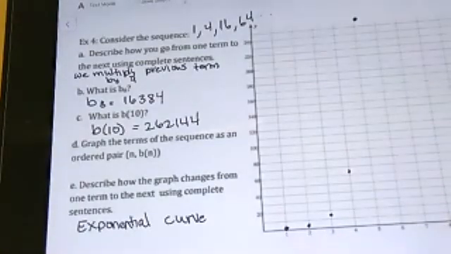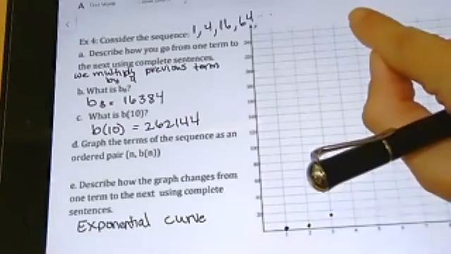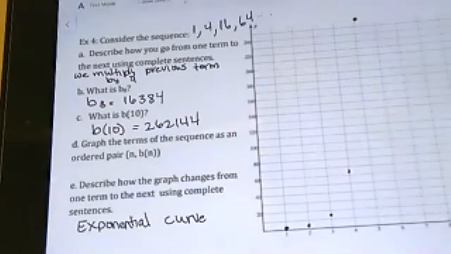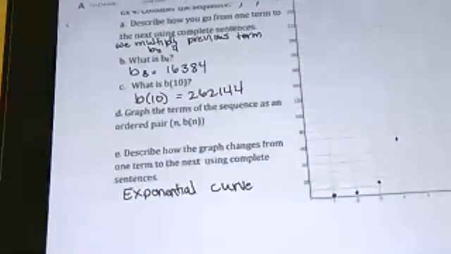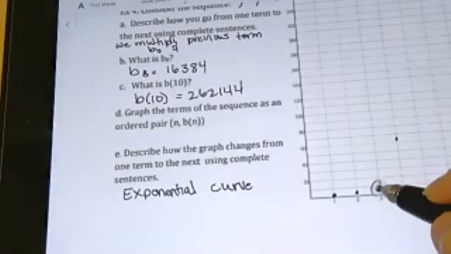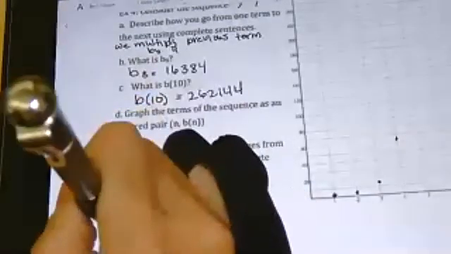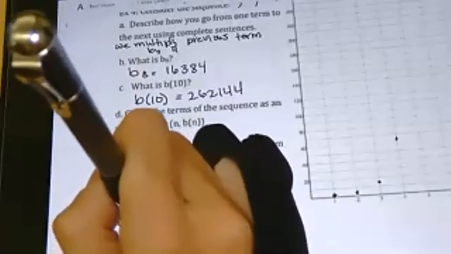But take a look at what happens between our 2 points. The growth here, the rate of change is very small, gets a little bigger, then it gets way bigger, and then it's huge. So the rate of change increases very quickly. It doesn't stay the same. With linear, it always has the same rate of change. But here, the distance between the 2 points, the rate of change is increasing.